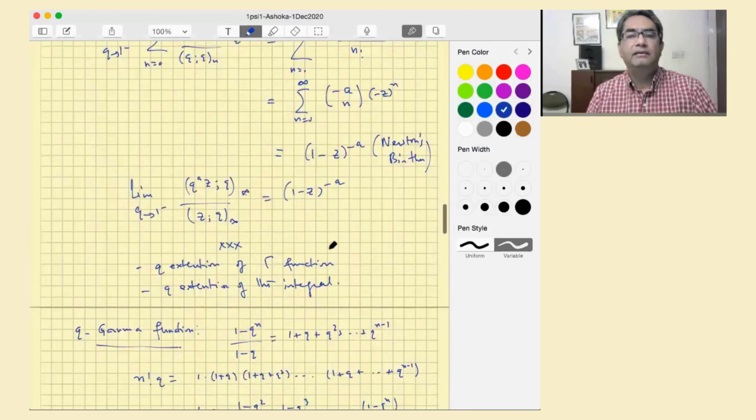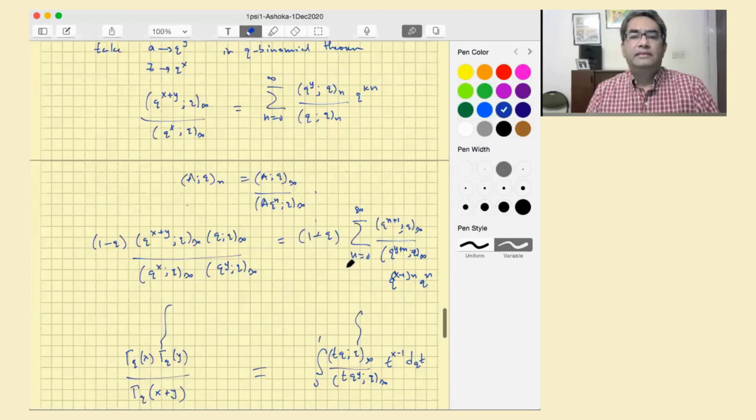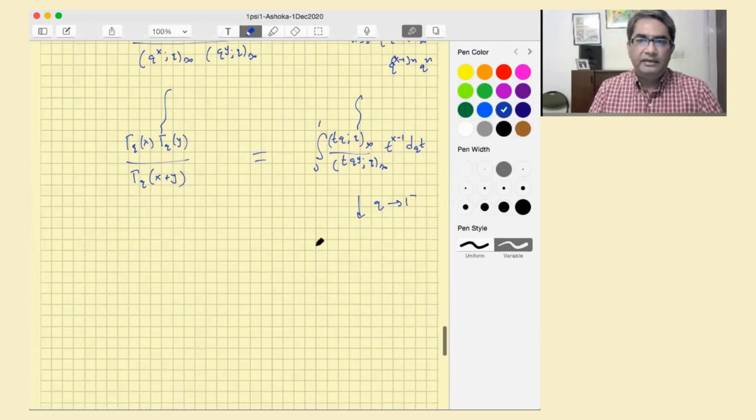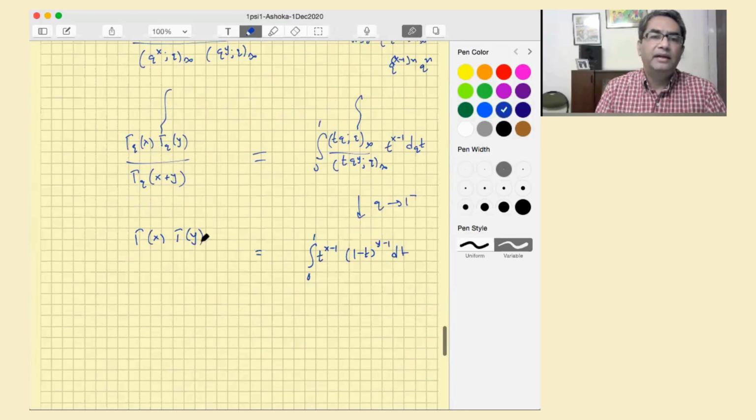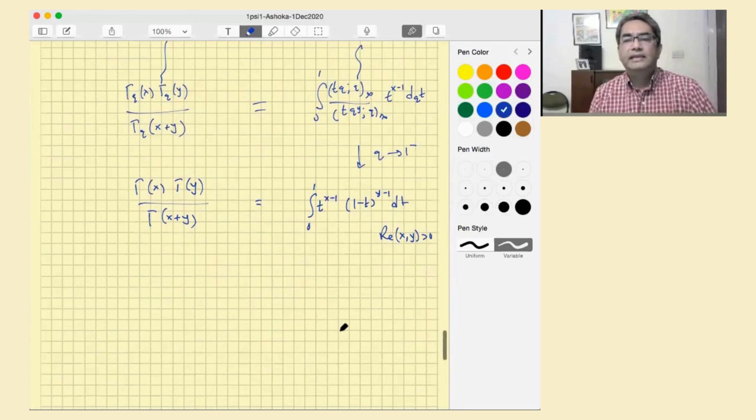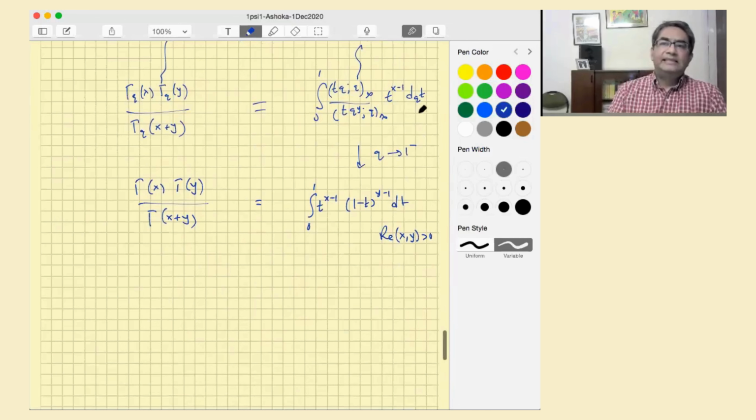Using this limit, we get, if q goes to 1, this goes to this integral, t raised to the power x minus 1, 1 minus t raised to the power y minus 1 dt, and this goes to gamma x, gamma y, over gamma x plus y. And this is valid for real x and y bigger than 0. So that's the famous beta integral which I mentioned.